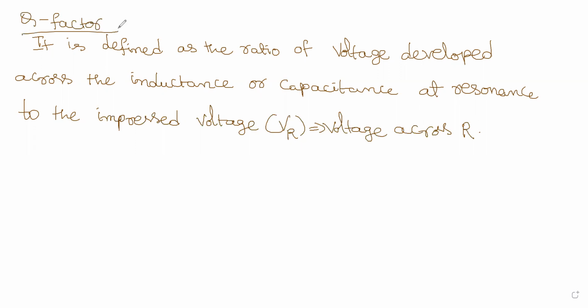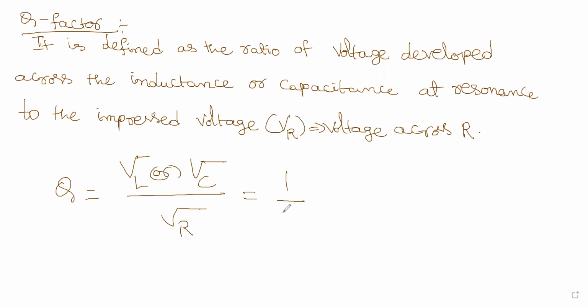Quality factor. Once again, we'll write the definition. Q is equal to either VL or VC divided by VR. It is given by another formula 1 by R into square root of L by C. So it has no dimensions, no units.